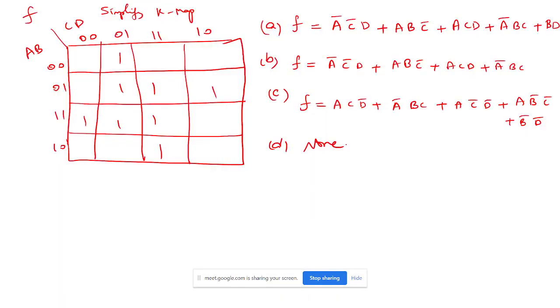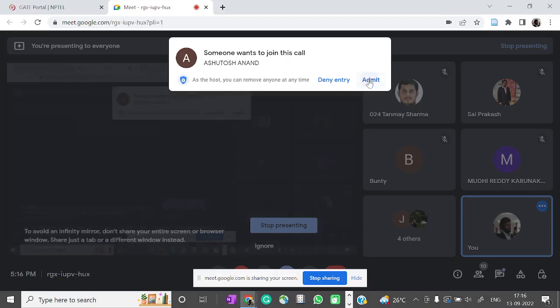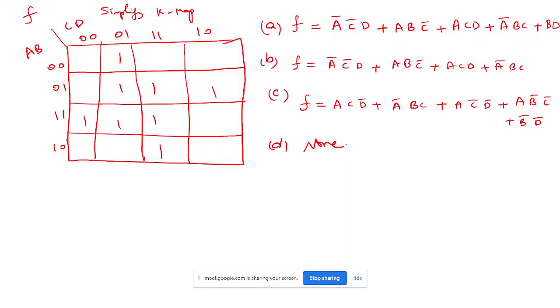Option A, okay. Let's see. So what you will do, you will try to find a group of 16, there are 16 cells in this. So 4 variable K map.